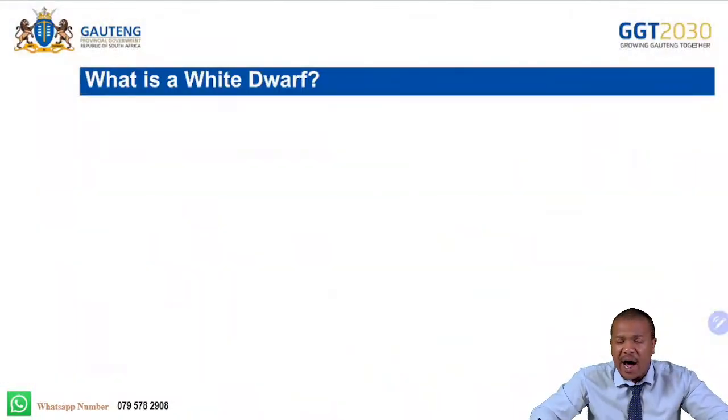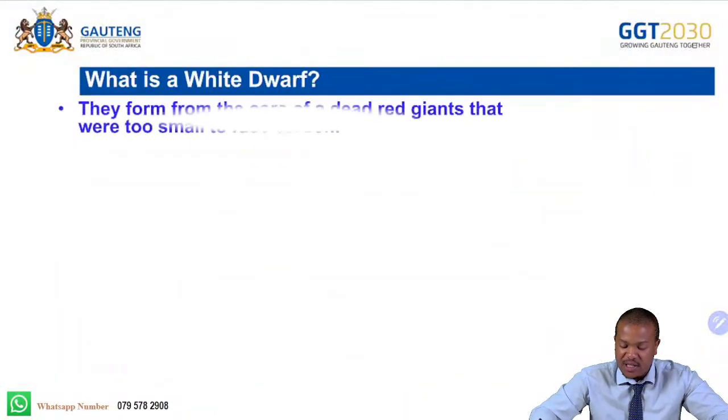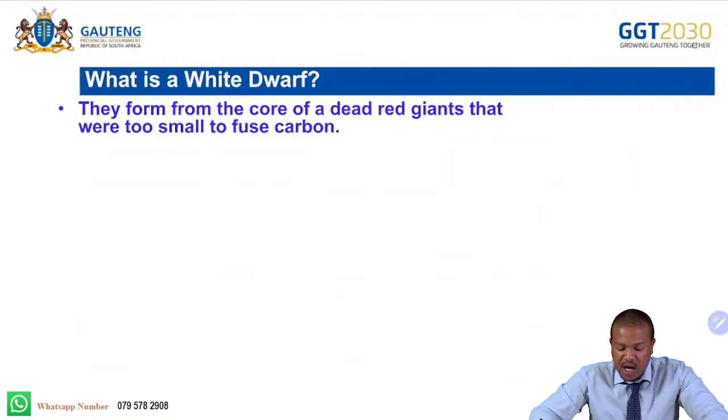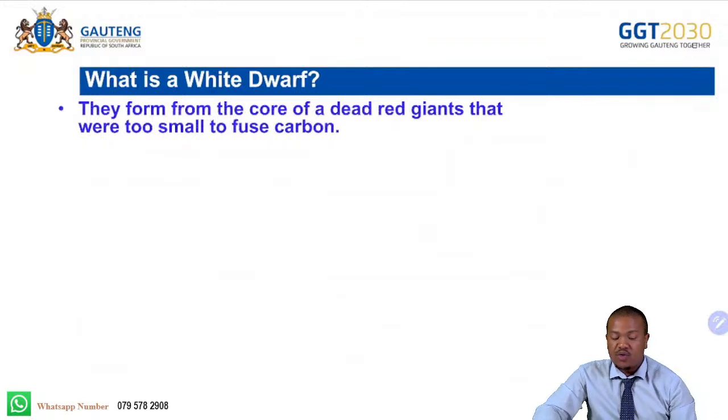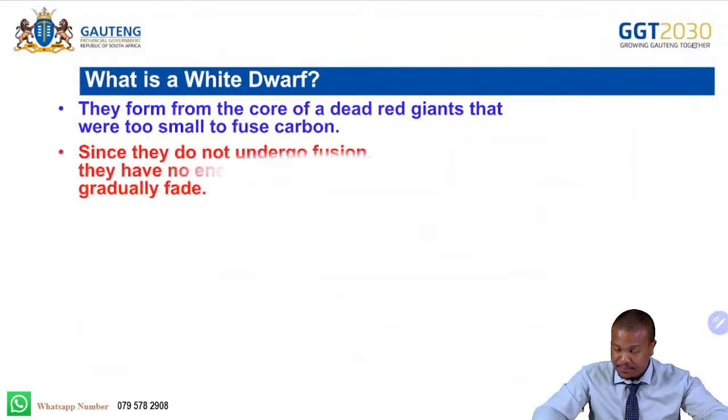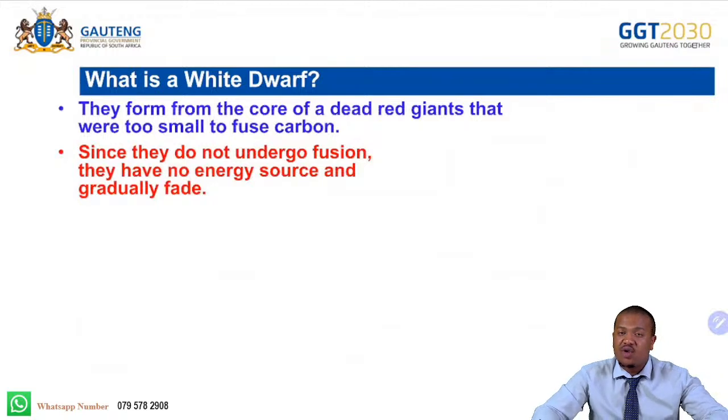What is a white dwarf? White dwarfs form from the core of a dead red giant that was too small to fuse carbon. Since they do not undergo fusion, they have no energy source and will gradually fade.